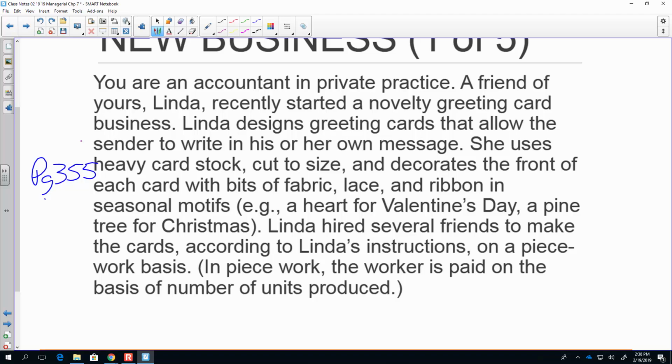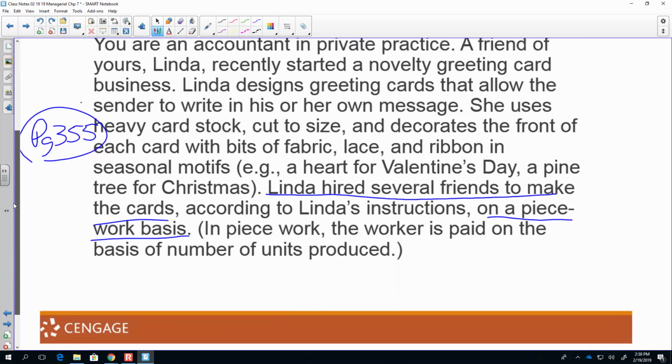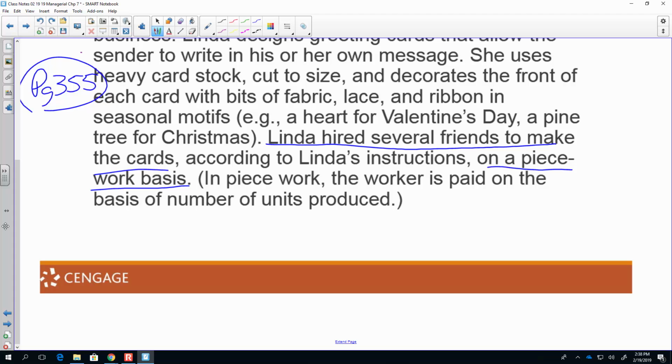What I found interesting is this comment. Linda hired several friends to make cards, and she's paying them on a piece rate work basis. As soon as you do that, this is a payroll question. Gosh, payroll, that's so long ago.